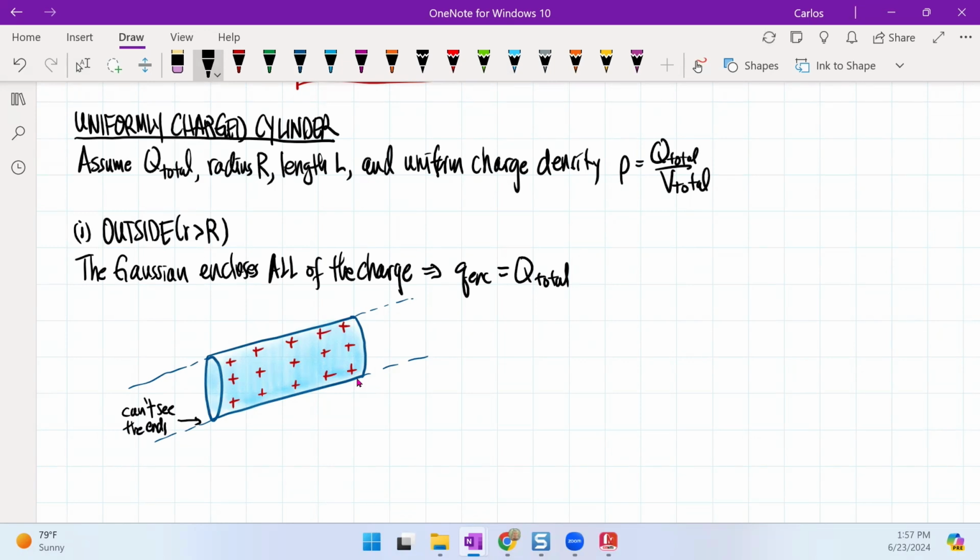But one of the things we do know is that the flux through the ends of the Gaussian, even though it's shorter, will amount to 0.